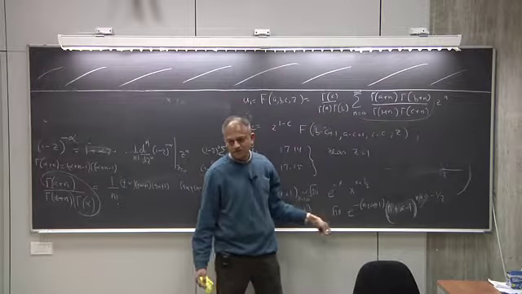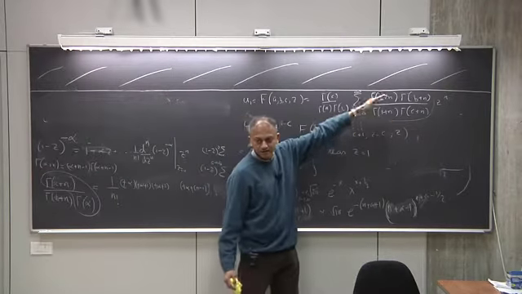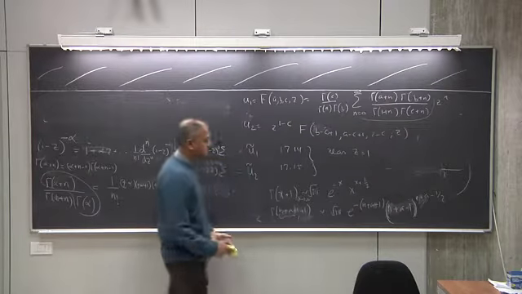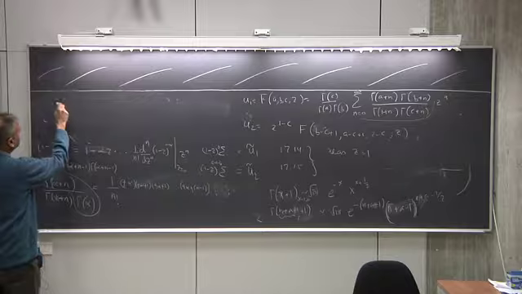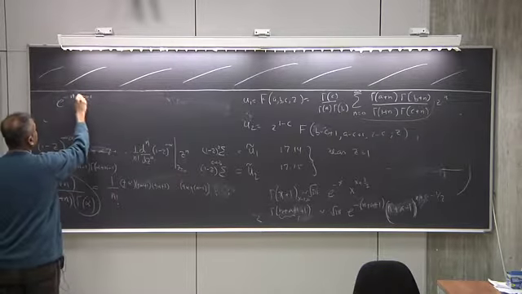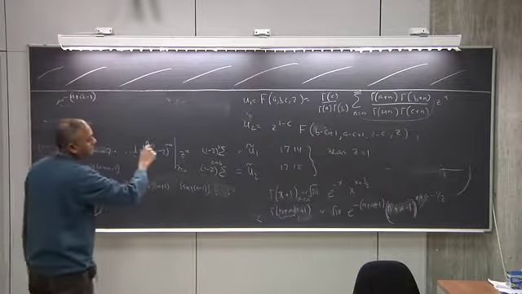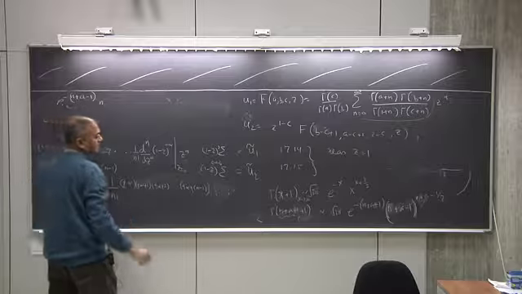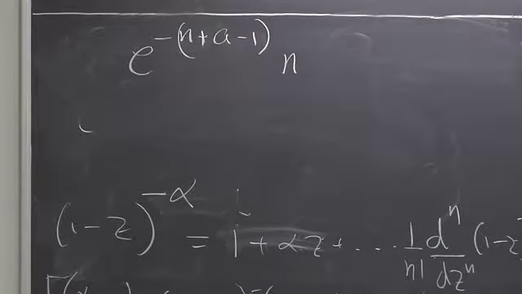These root 2 pi's will cancel between numerator and denominator, so I mainly need to look at the remaining part. From the top, you get e to the minus n plus a minus 1. And then, at this stage, let me take n out from here, so you get 1 plus a minus 1 divided by n.